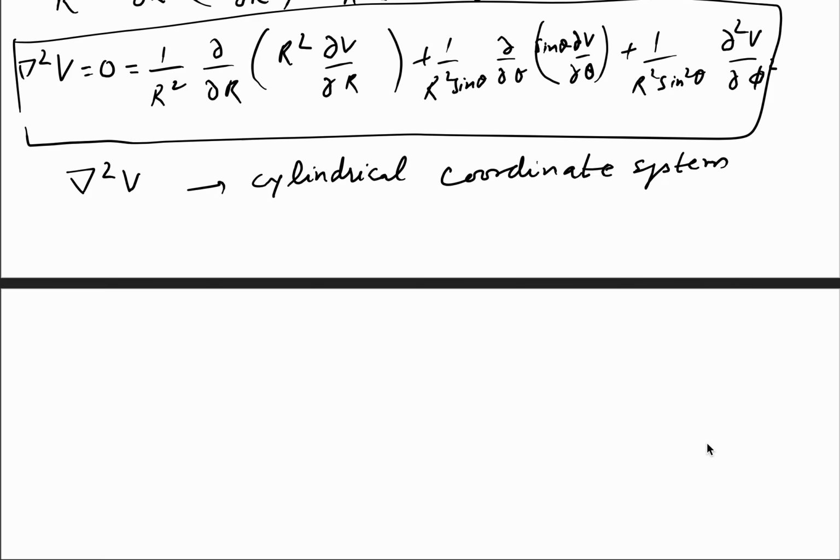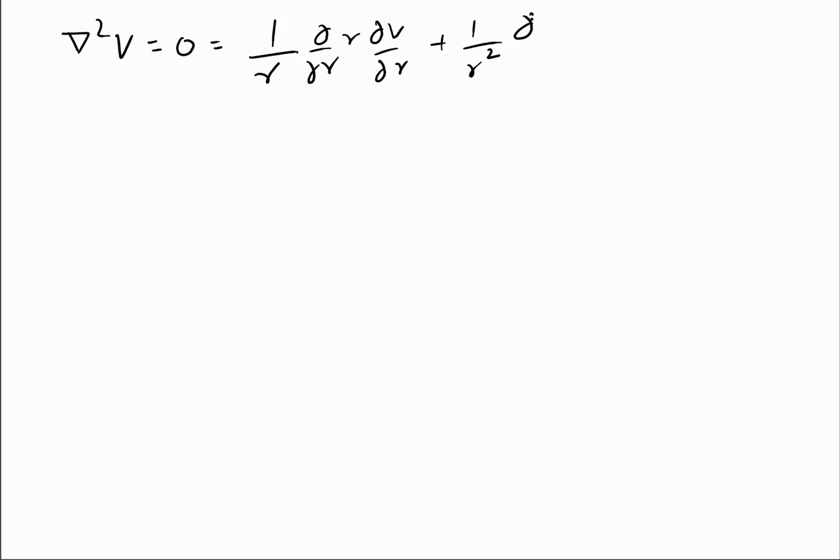Now for the final checking on the answer, I will write the final equation in cylindrical coordinate system, and it comes out to be del square v is equal to 0 equal to 1 by r dou by dou r of r dou v by dou r, plus 1 by r square dou square v by dou phi square, plus dou square v by dou z square, where cylindrical coordinate system consists of r, phi and z.